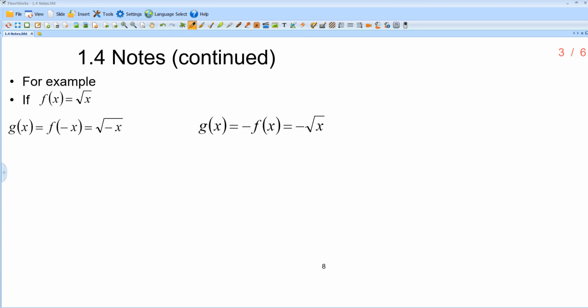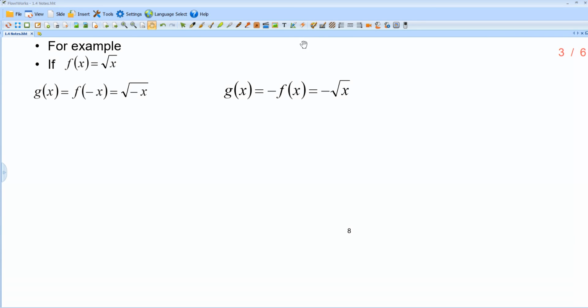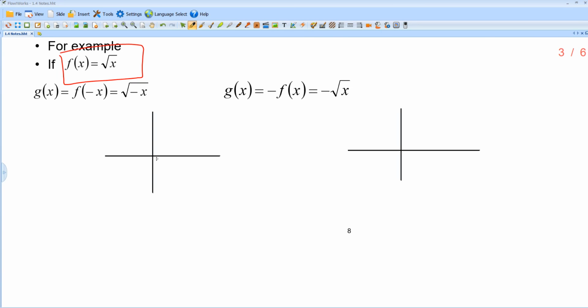If f of x is equal to the square root of x, just as before, I'm going to start by drawing in these functions real quick. I will graph our original function in red. So square root x looks like this.